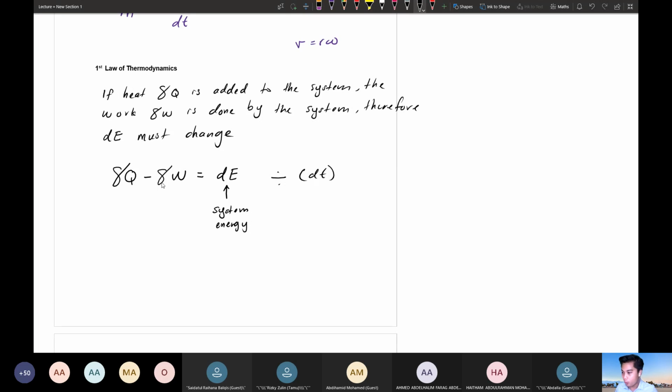So we have this equation: Q dot. What is Q dot? Anything divided with time, we will have the dot. Minus W dot equal to dE over dt. So this is the law of thermodynamics.